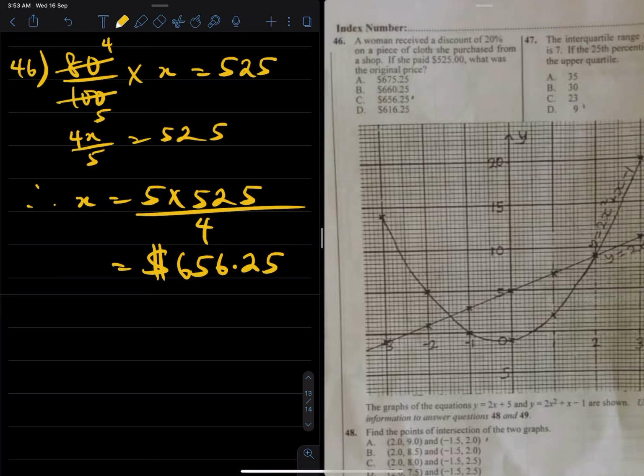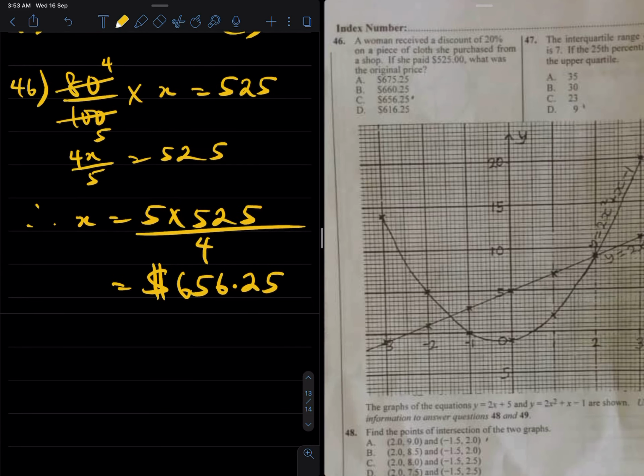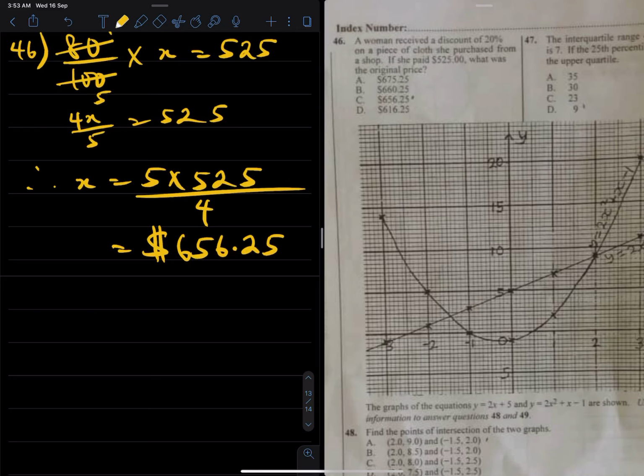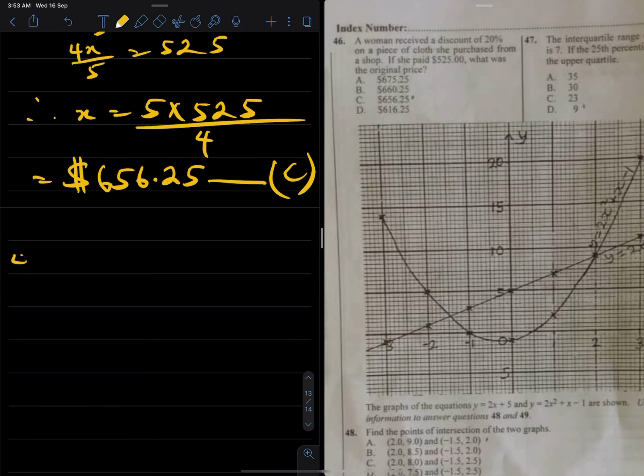So the original price of the cloth was $656.25, and the correct option is C. Down to the next, 47, very quickly.